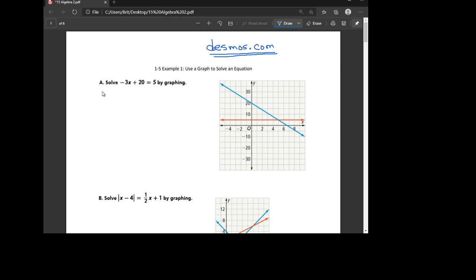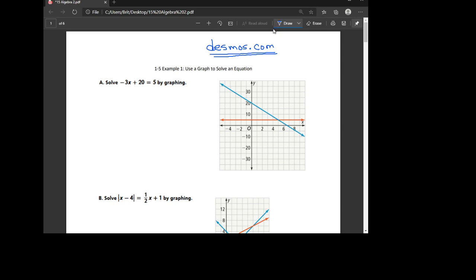So here we have an equation, this is part A, and it has an expression on one side and a value on the other side. When we want to solve an equation just by graphing, we don't have to go through all the algebra.